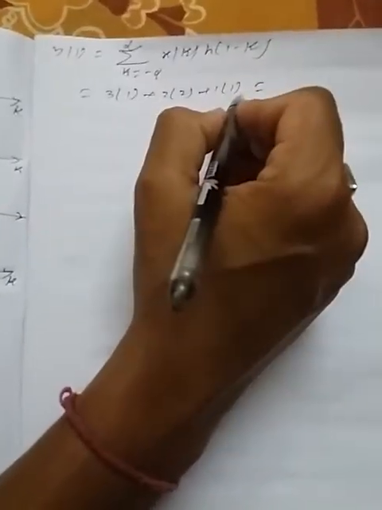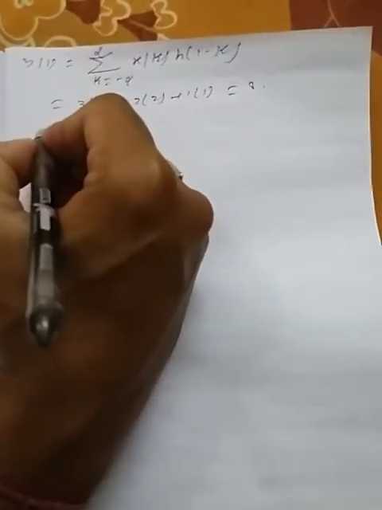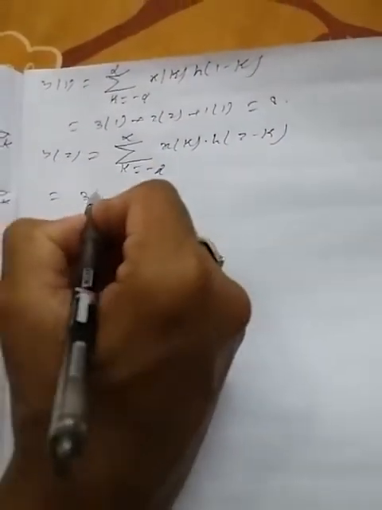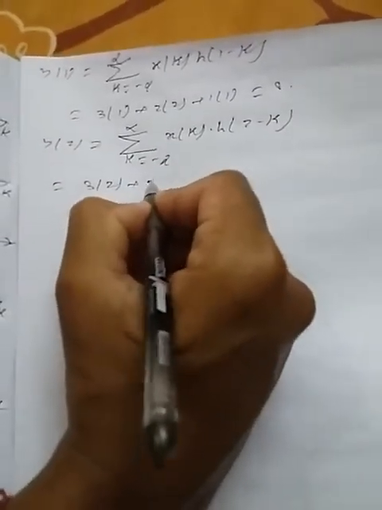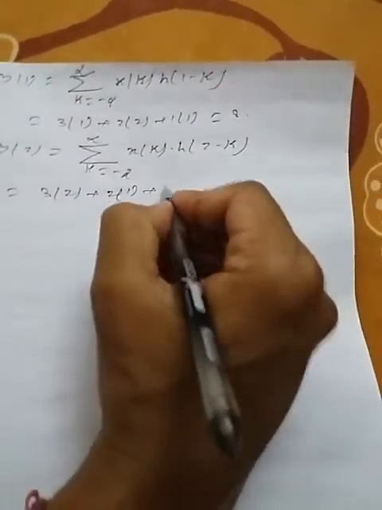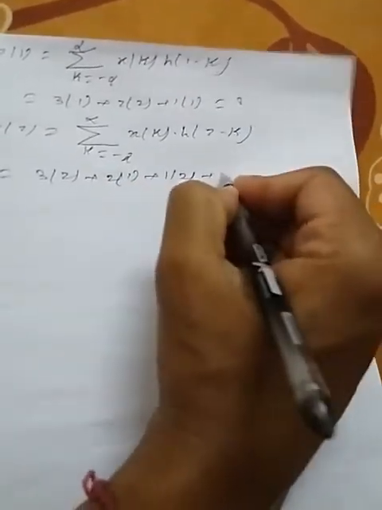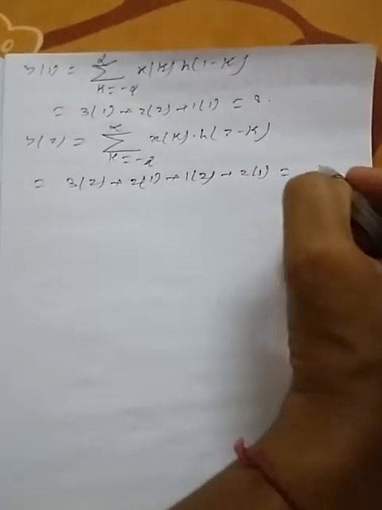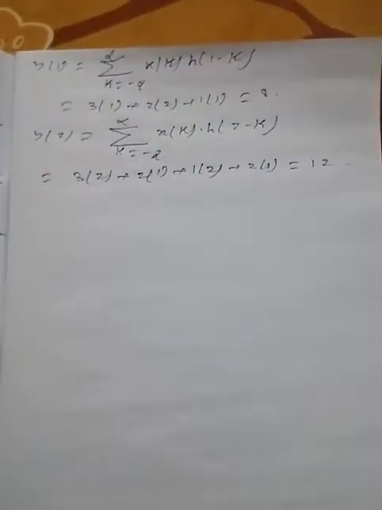So here the value will be 3 plus 2 into 2 plus 1 into 1, it makes 8 also. In the similar way we can find y2 equal to 3 into 2, 2 into 1, plus 1 into 2 plus 2 into 1. So 6 plus 4, it makes 12, right?